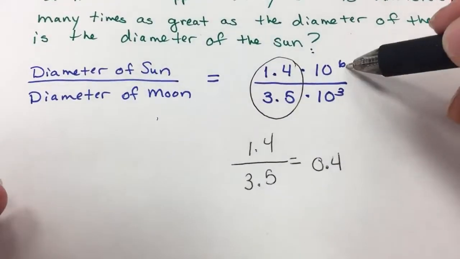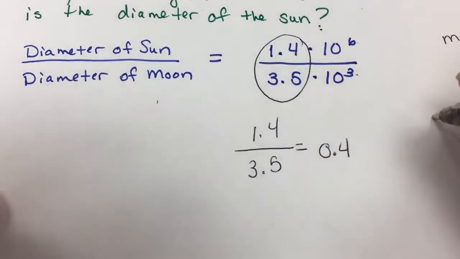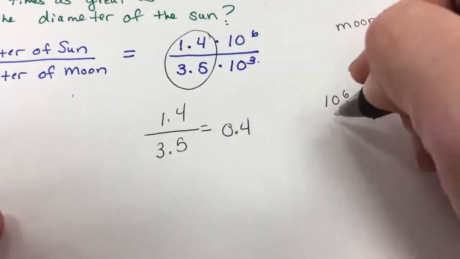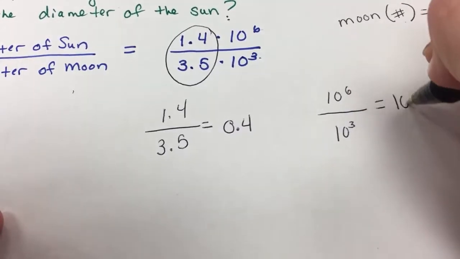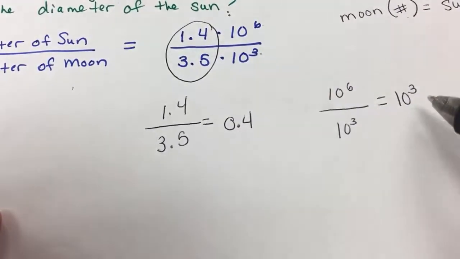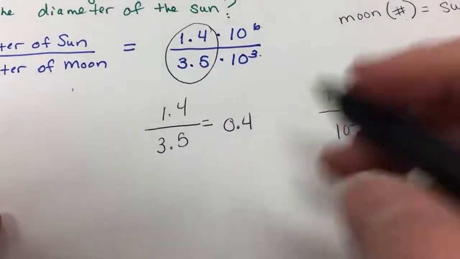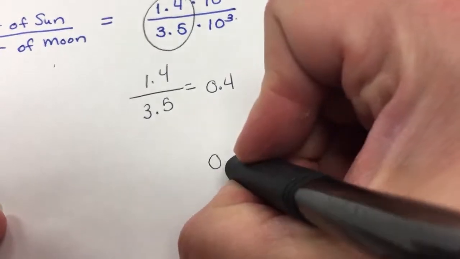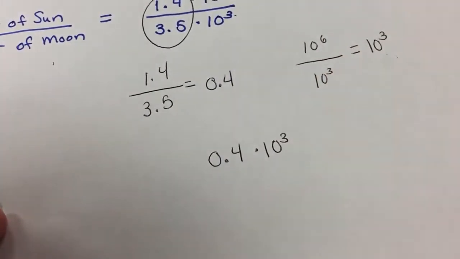And then when we subtract these guys, we get 10 to the 6th over 10 to the 3rd is equal to 10 to the 3rd. So now I have to put them together. These two numbers are multiplied to each other. So we're left here with 0.4 times 10 to the 3rd.